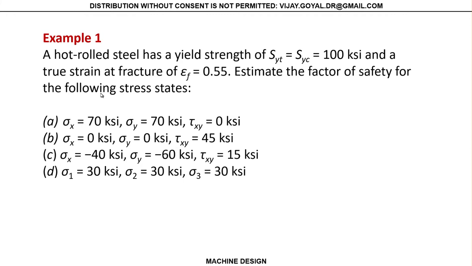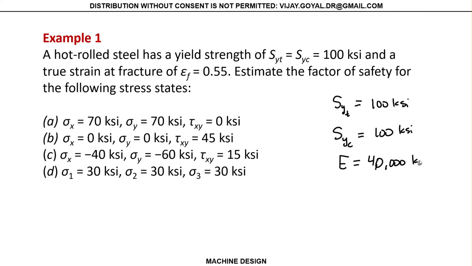And the material is a hot rolled steel, and the strength of this material is given, so we know what the strength is: 100 ksi in tensile and also 100 in compression. So we can assume that these values are the same. That's what they're doing. And in the problem, you need this information, which is given by the Young's modulus, E, 40,000 ksi.